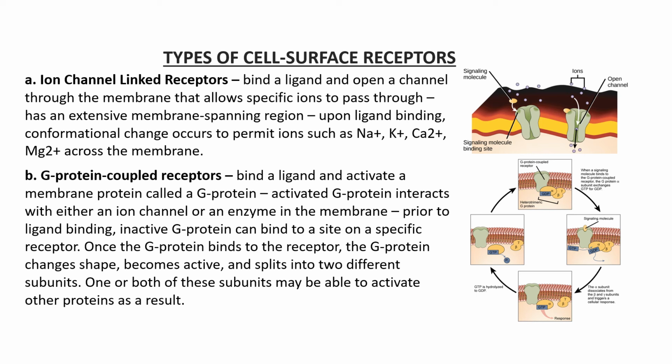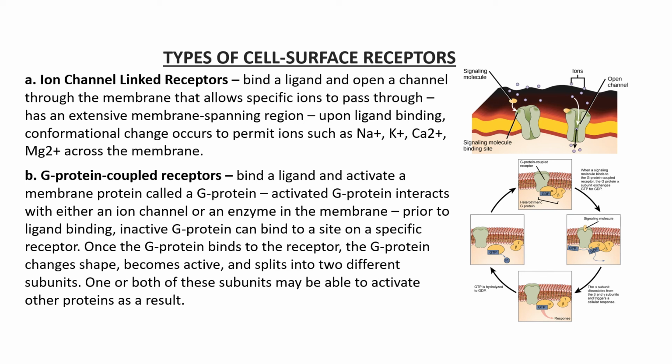The second variety is the G protein coupled receptor, which binds to a ligand to activate a membrane protein called the G protein. This activated G protein interacts with either an ion channel receptor or an enzyme in the membrane to carry out further signaling mechanisms.